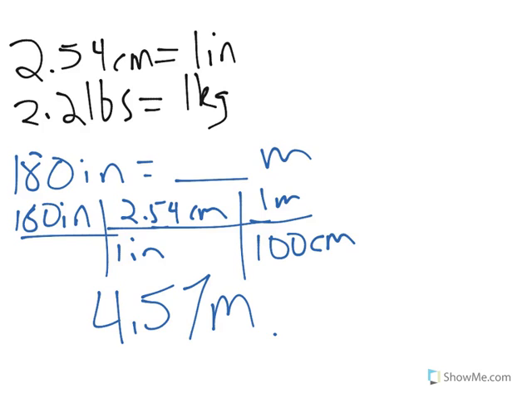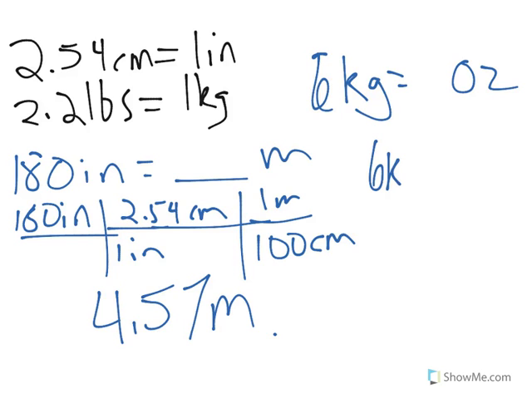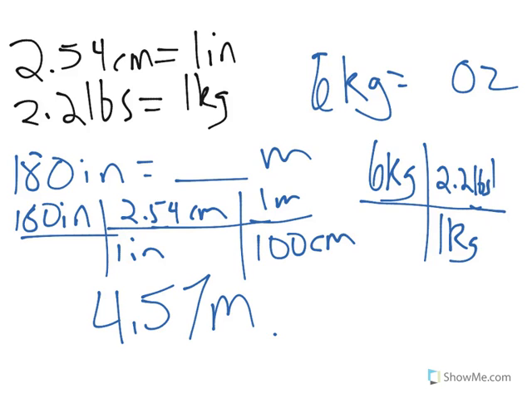Now what if you needed to get from, say, 6 kilograms to ounces somehow or another? Alright? Well, the conversion is this. You would do 6 kilograms, and then in 1 kilogram there are 2.2 pounds. And then in 1 pound, there are 16 ounces.